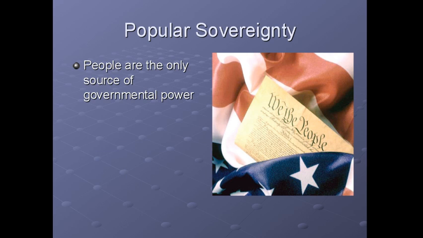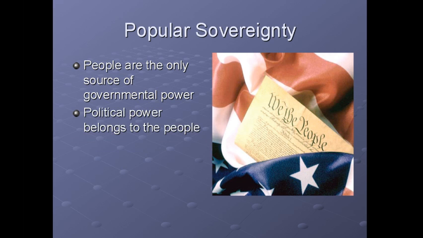The body of people that make up our nation essentially represents our nation. So in the United States, our Constitution holds to the idea that people are the only source of government power. Without the people, the government doesn't exist.